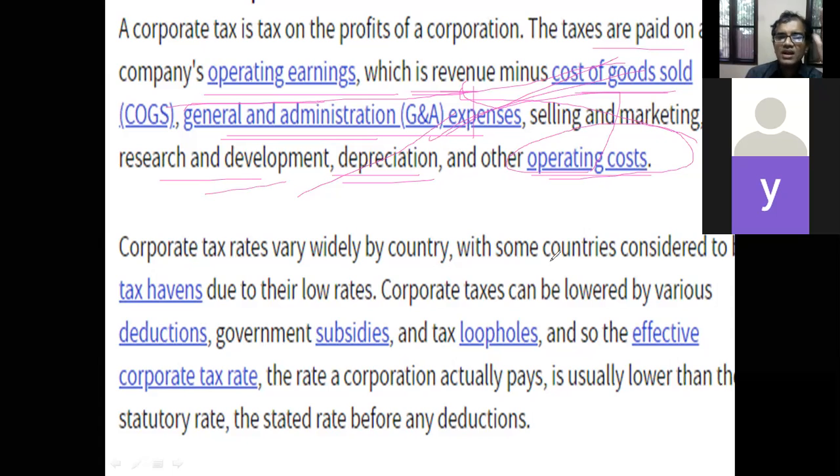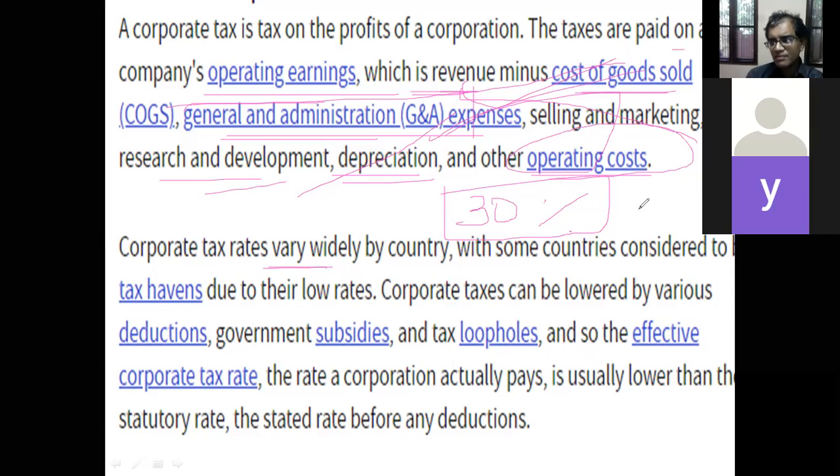And please remember, corporate tax is not the same in every country. It varies from country to country. In our country, companies have to pay income tax at a flat rate of 30% on their income.